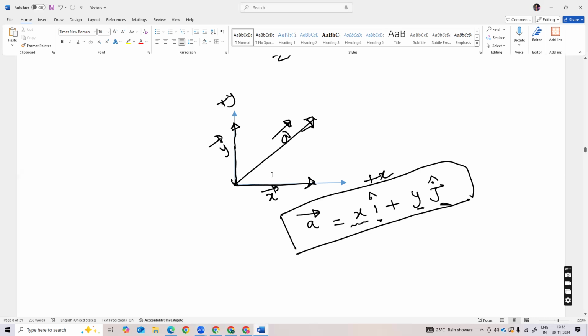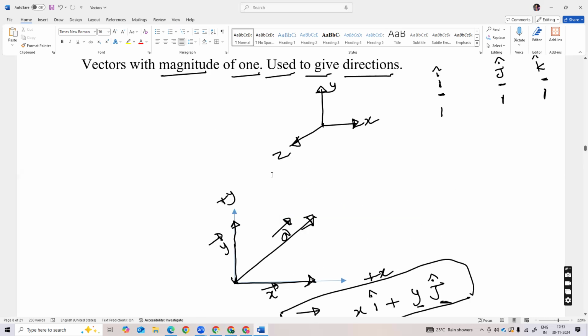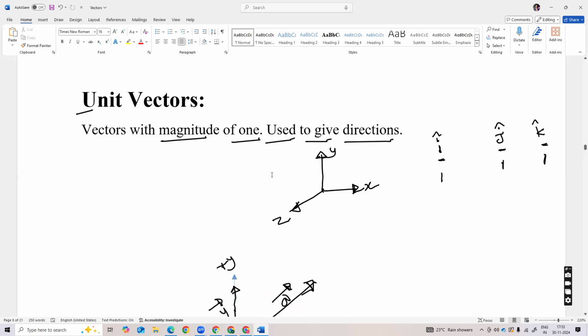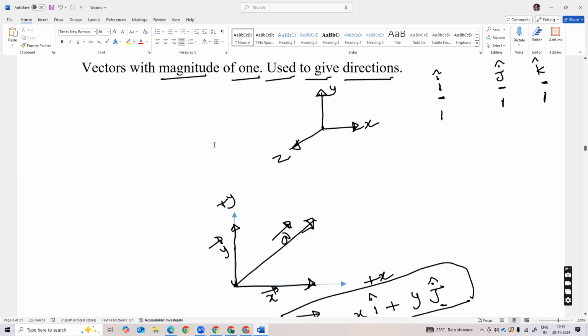Do you have any questions in this unit vector part, like what is the purpose of these unit vectors?